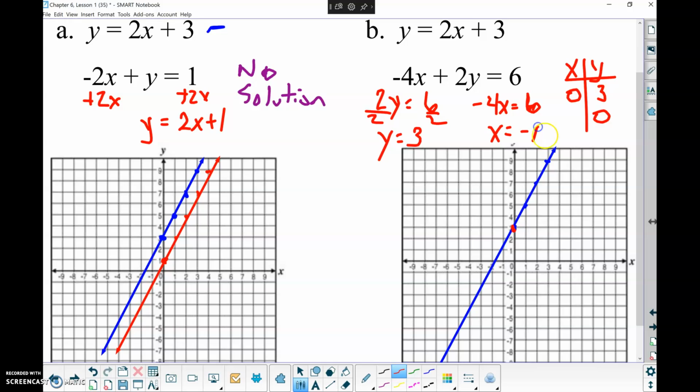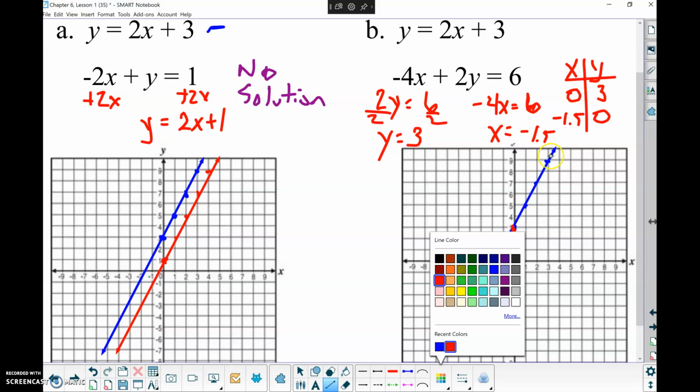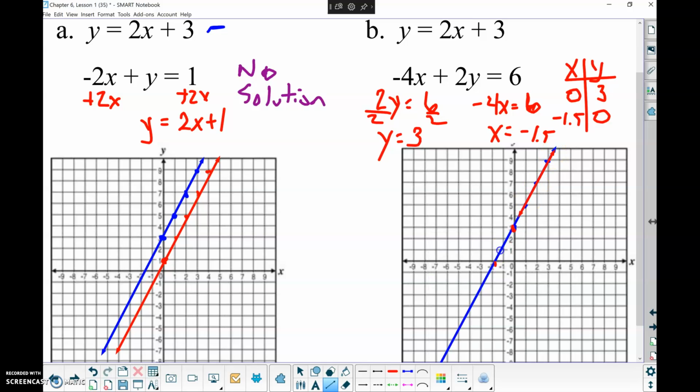It's going to be negative 1.5. And you certainly could use a calculator to figure that out, right? 6 divided by negative 4, which puts us over here. And what happens is we get that line. We have the same line.